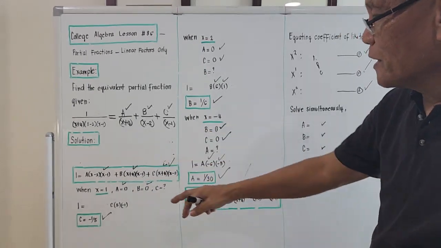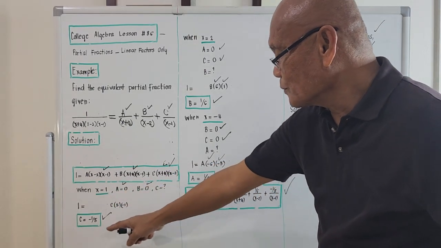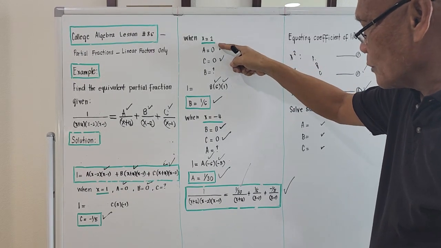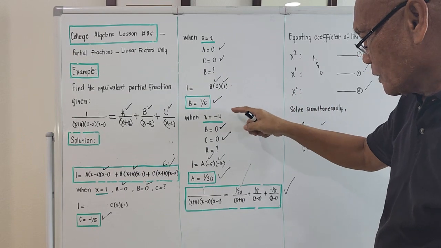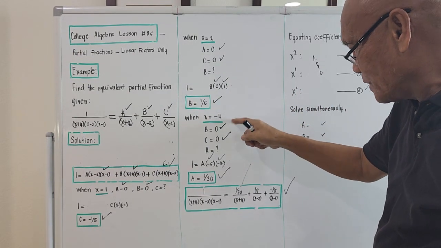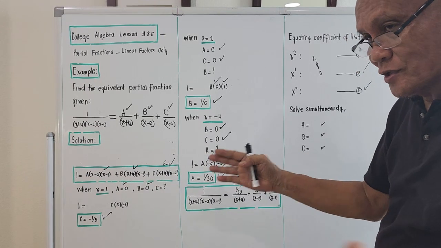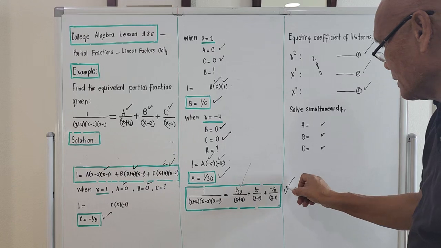So actually, when x equal to 1, we eliminate a and b. We could compute for c. When x is equal to 2, we eliminate a, we eliminate c, and we could compute for b. And when x is equal to negative 4, we eliminated b, we eliminated c, and we could compute for a. As simple as that one. Okay? So the final answer will be this.